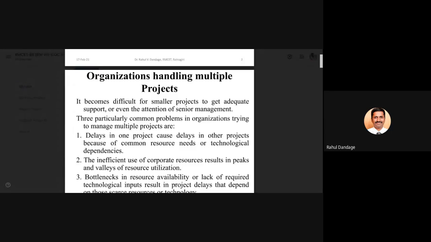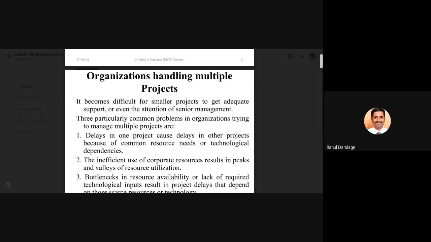The project can be considered as smaller or bigger depending upon the number of people involved, the budget of your project, the schedule of your project, the resources required, and the volume of work involved in the particular project. So likewise, based upon certain criteria, the projects we can classify as either smaller or bigger, or huge projects.